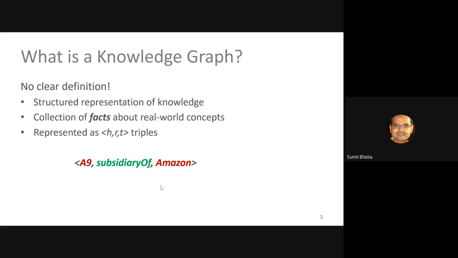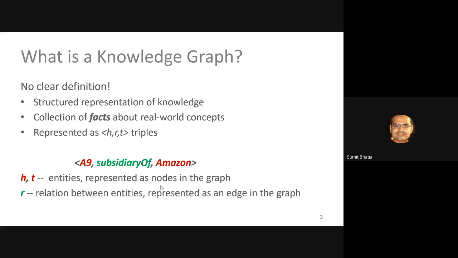Here, the things to notice are the words mentioned in red color. They are entities, real world entities, for example persons, companies, countries, organizations. In a head-relation-tail triple, we call them head and tail entities. In this example, A9 is the head entity and Amazon is the tail entity.